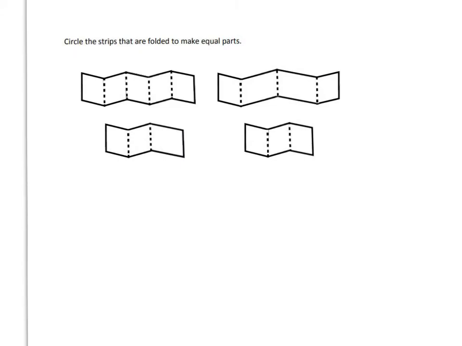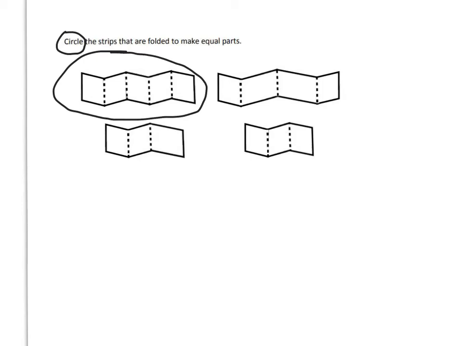Let's go ahead and look at your problem set. This is number 1. It says circle the strips that are folded to make equal parts. So we have 4 different strips here, and they folded them to make equal parts. I can clearly see that my first strip, they're all equally folded.